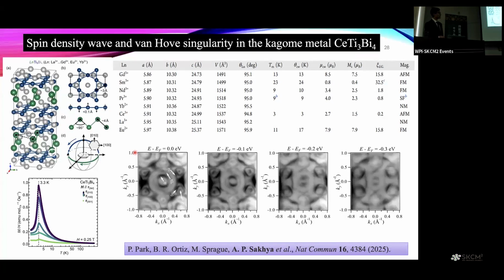If you just take a glance here, you can see you have high intensity points around these points, whereas you do not have the same along the other points. And you can take a constant energy contour at different binding energies and track the size of these pockets, where the size of the pocket decreases, which are basically electron pockets, and these are the hole pockets.